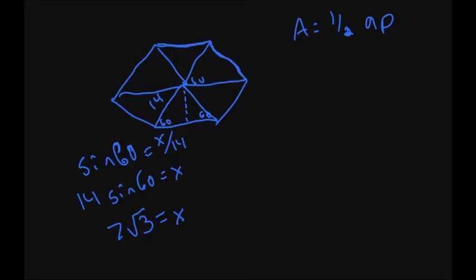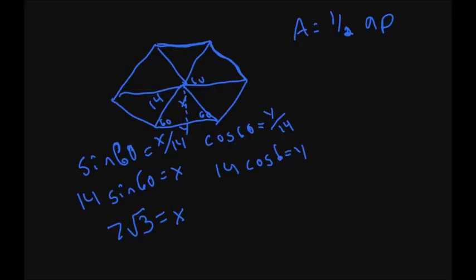Well, then we got to find the adjacent side. So we're going to do cosine of 60 equals, we'll call that y. So let's label what we're doing here. So that one's x, that one's y. Y over 14, because cosine is adjacent over hypotenuse. So this would just be 14 cosine 60 equals my y.